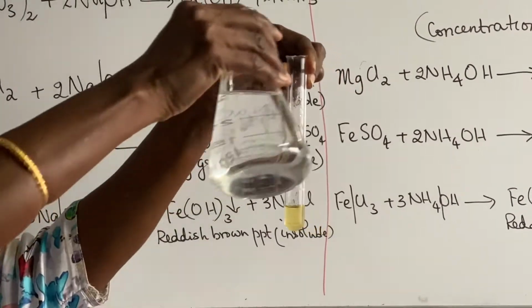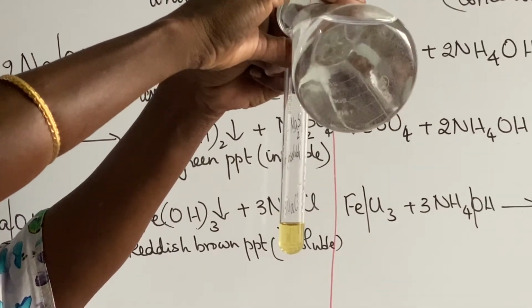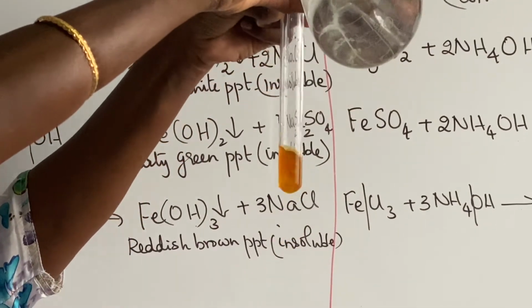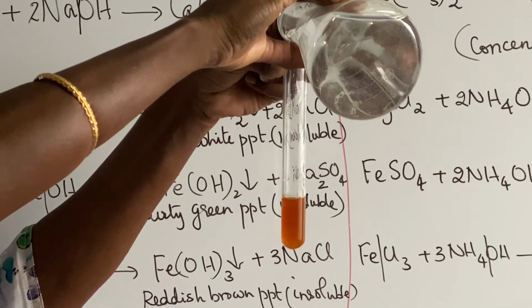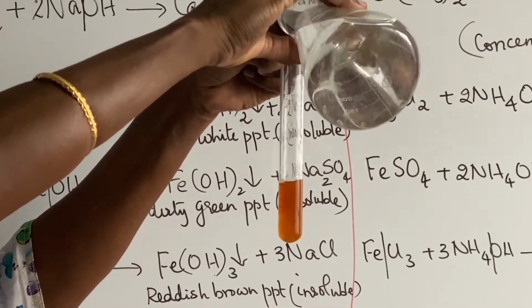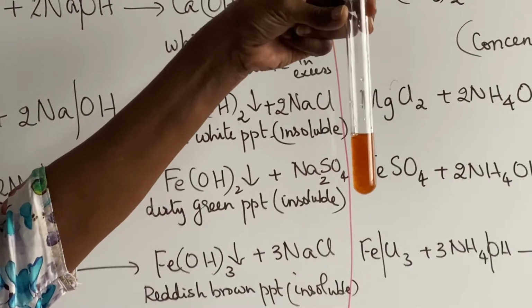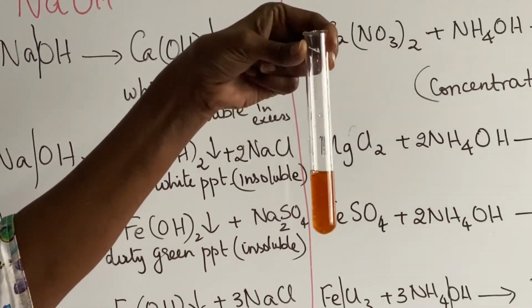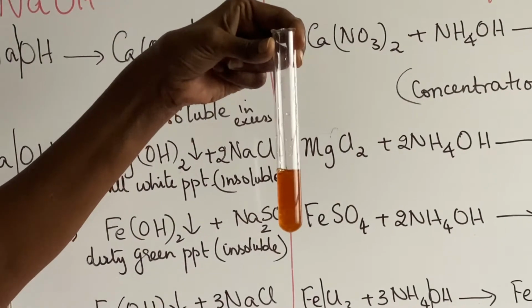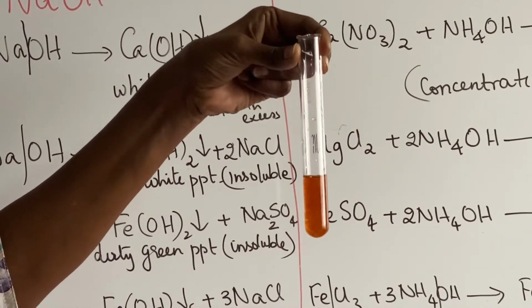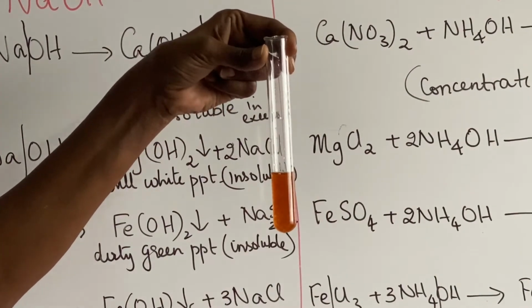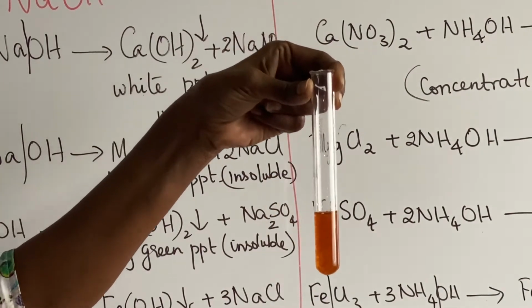Now when we add sodium hydroxide to it, you get a reddish brown precipitate. Okay, so you are getting a reddish brown precipitate with sodium hydroxide.